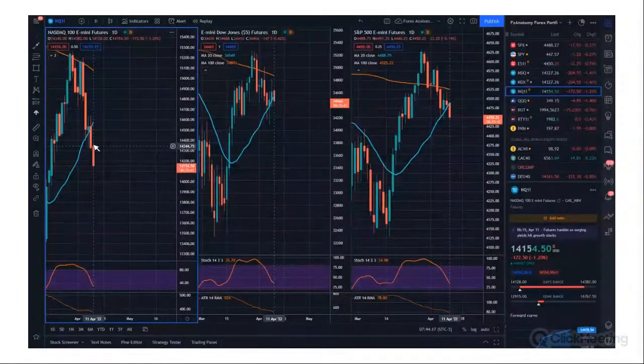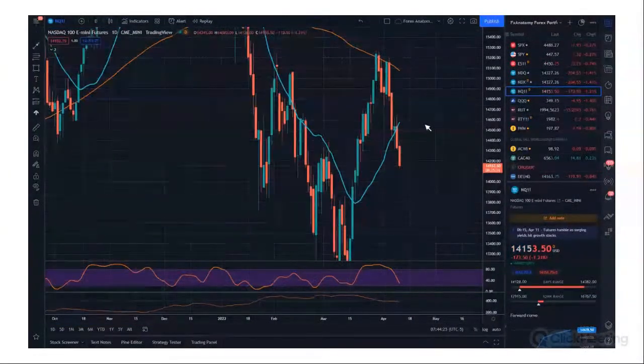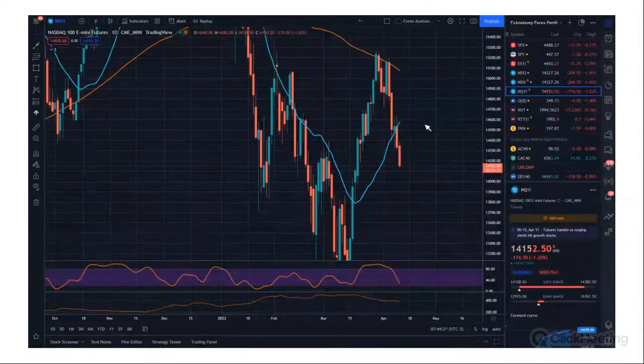But right now, what we know the market is really focused on is what's happening in bond markets, because bond markets across the globe are selling off as interest rate expectations pick up, in line with inflation. Inflation is picking up, so there are higher expectations of rate hikes from central banks.